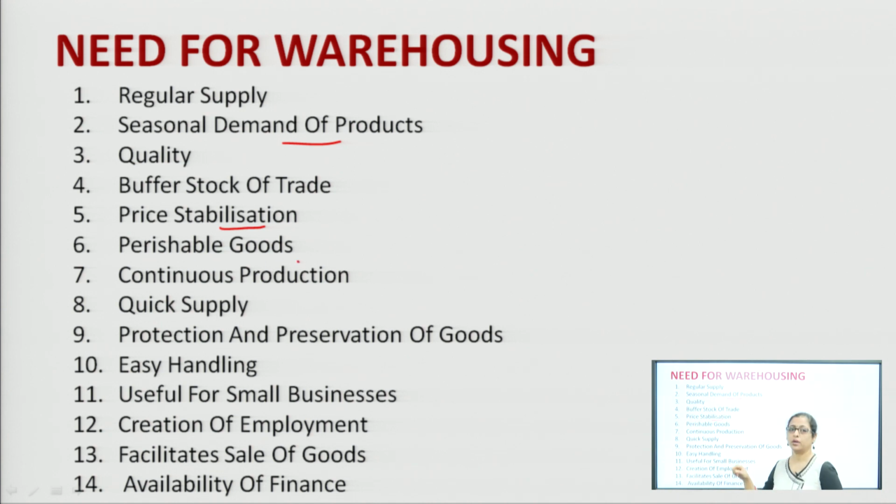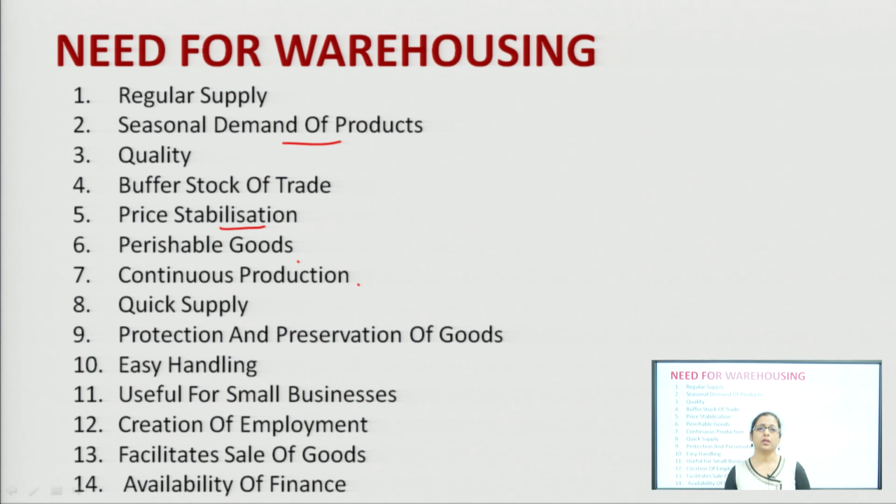Then perishable products, as I was discussing. There are certain perishable goods whose quality gets bad very easily, for example fruits and vegetables. They also need to be warehoused in order to maintain good quality for some period of time. Then continuous production.